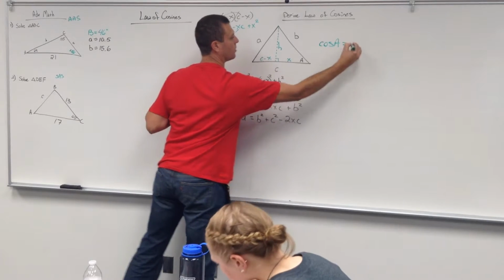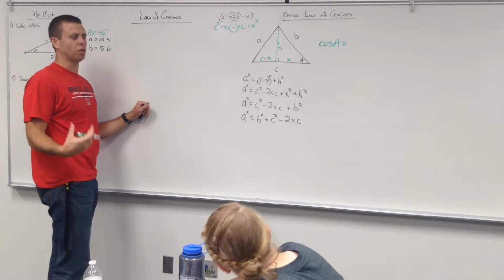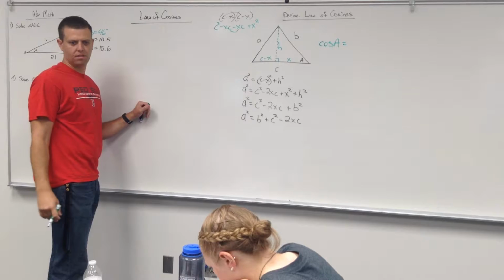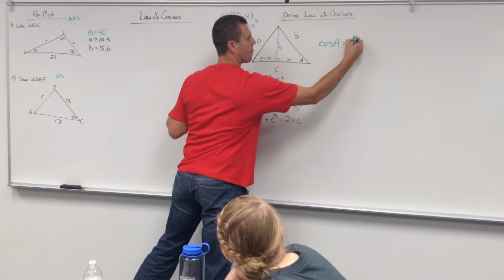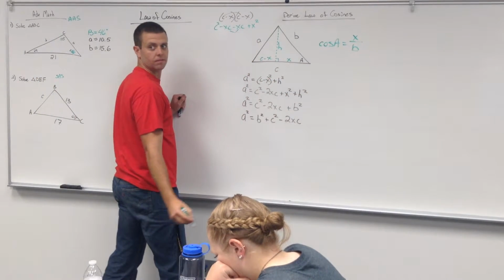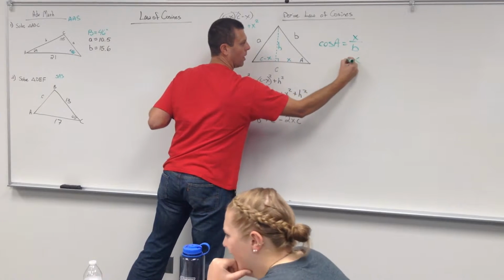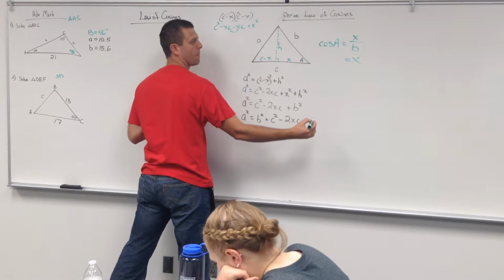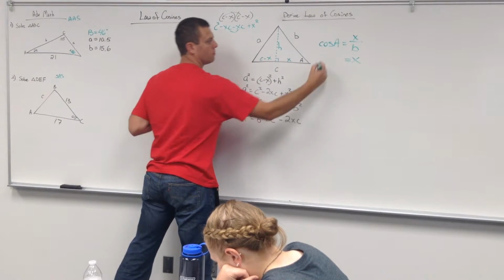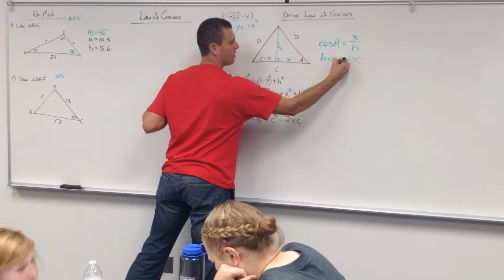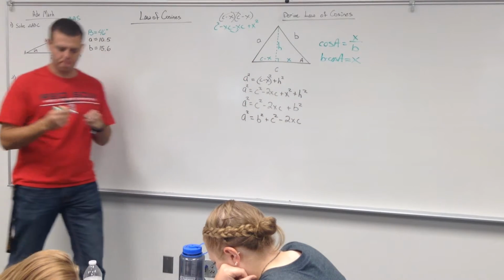Cosine of angle A would equal what? Adjacent over hypotenuse, so X over B. So really X would equal what? B cosine A. B times the cosine of A. Multiply both sides by B.